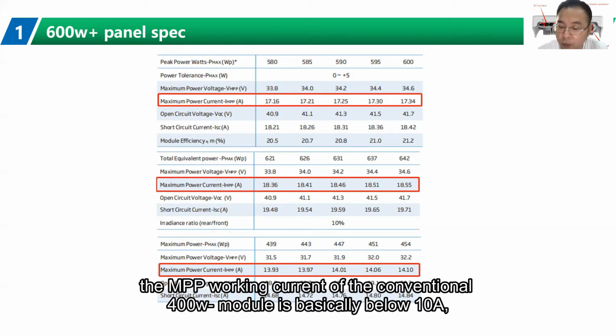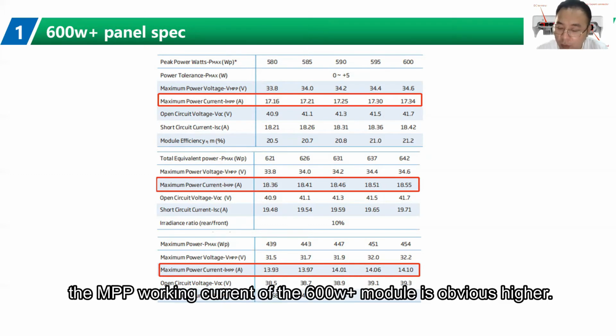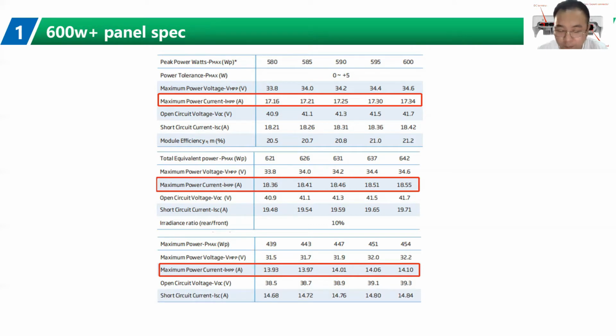The MPP working current of the 400 module is basically below 10 ampere. So the MPP working current of the 600 volt module is obviously higher, but they have the same working voltage.